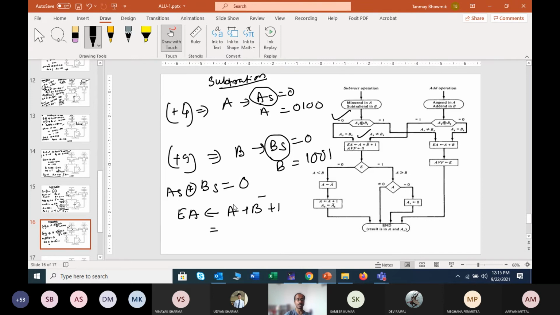B is 1 0 0 1, so B complement will be 0 1 1 0, and plus 1 means 0 followed by 1 1. So A was 0 1 0 0, and here you are adding 0 followed by 1 1. You can add it. It is 1 1, it is 0, it is 1.